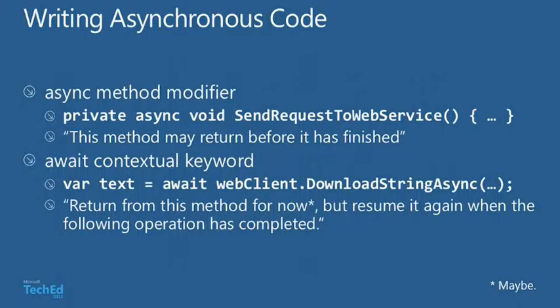But it's also saying don't block, which means it's got to yield control somewhere else, back to its caller, back to the WPF message loop, or whatever. So it's kind of, again, like yield return. It's returned from this method for now, but the method may be resumed, hopefully will be resumed, later on when the operation that we're awaiting on has completed.